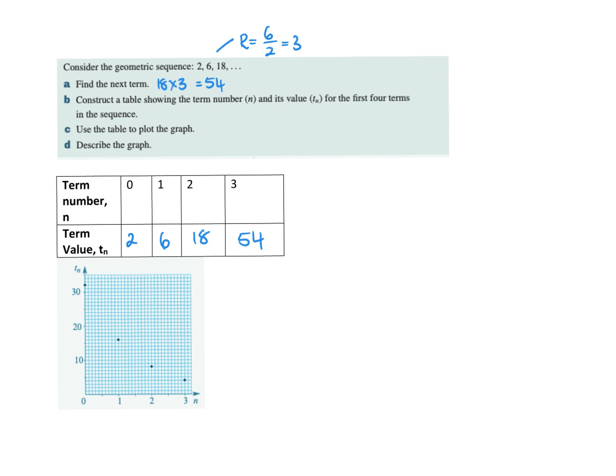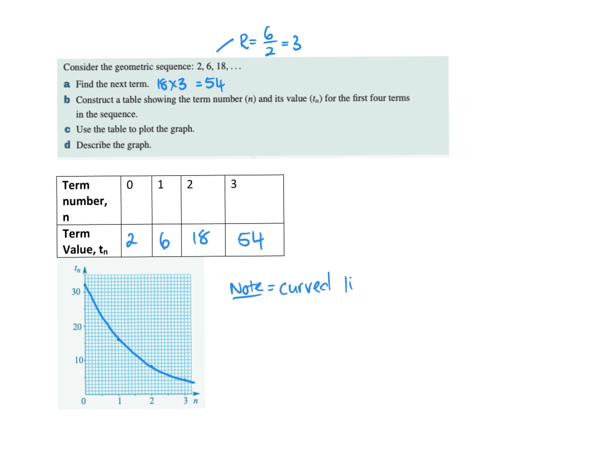Now it says then plot the graph. It's already there on your graph, but I'm just going to show you. If you draw those dots together, you'll see you end up like that. So we want to make a note here that it's a curved line.